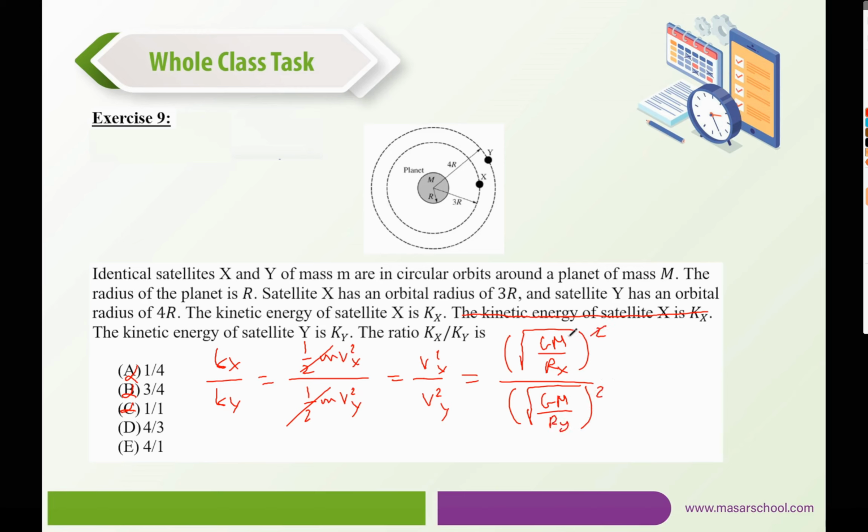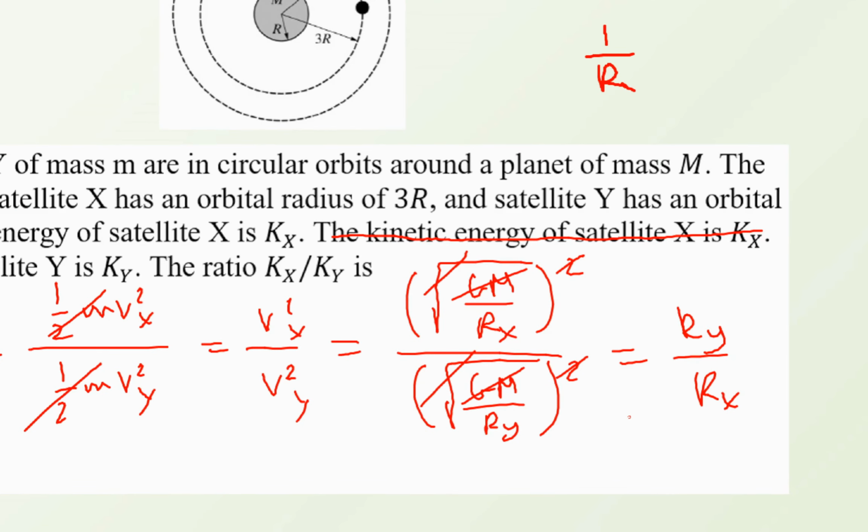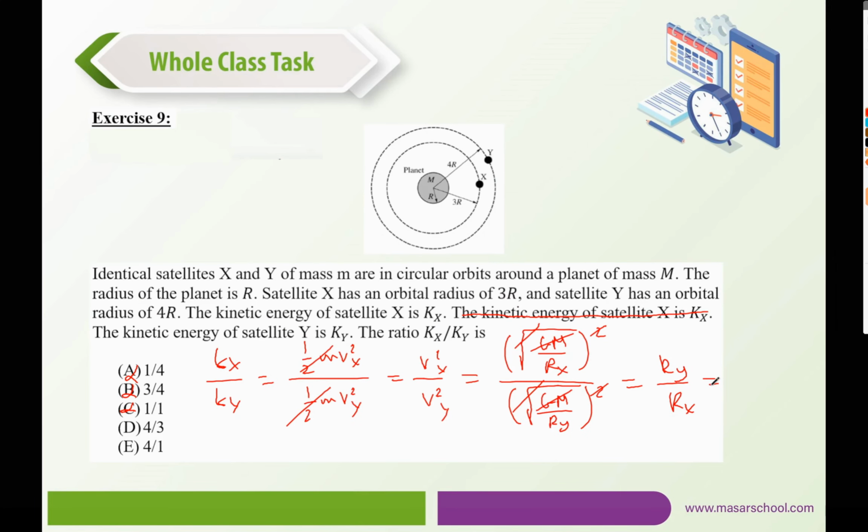We can cancel the square roots. M is the central mass, which is the same for both. We can eliminate these. That would be ry over rx, because we have 1 over rx over 1 over ry. Now ry is 4R, and rx is 3R, which means it's 4 over 3. And indeed, D is the correct answer.